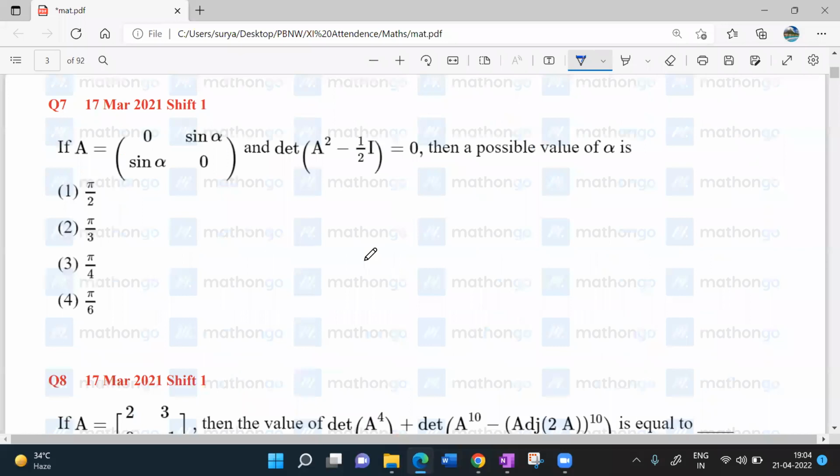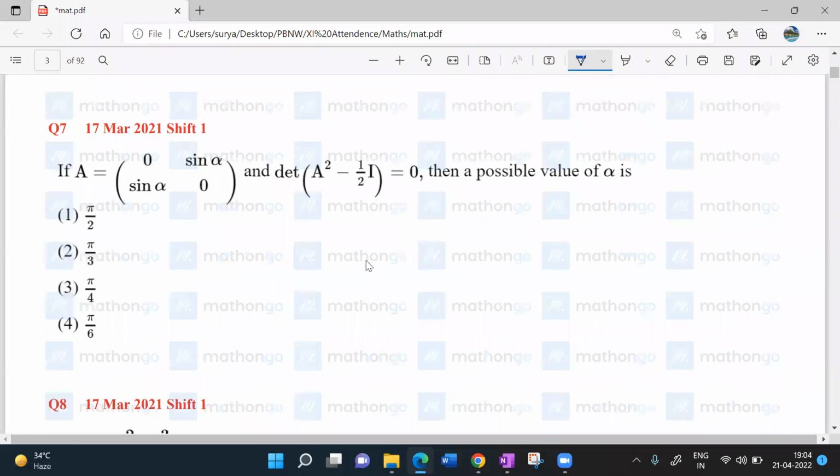Seventh question. A matrix is given to you, and the determinant of this is equal to 0. Then what are the possible values of alpha? It is a quite simple question actually.